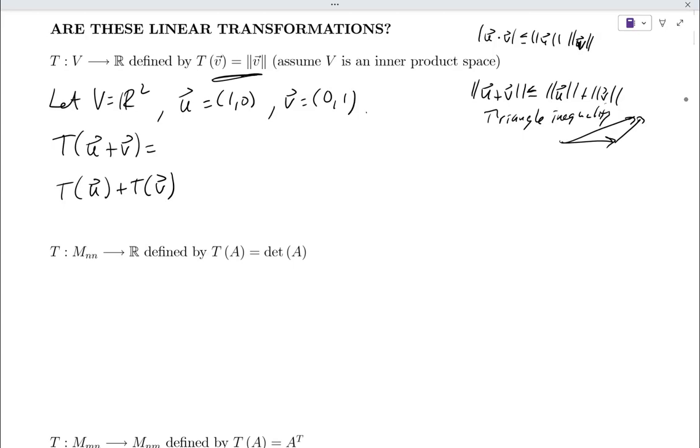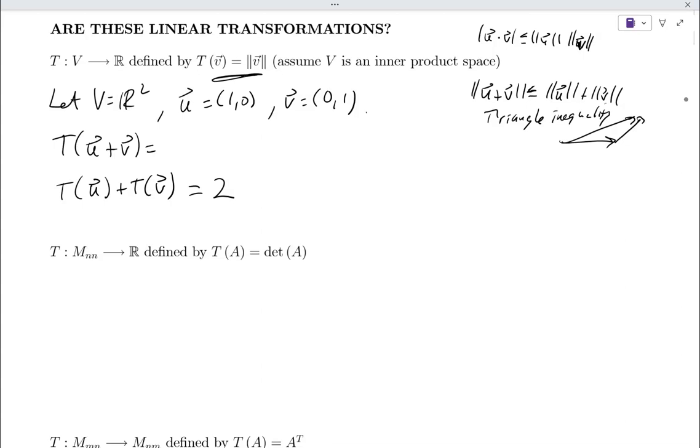Let's do the second part first. The transformation is take the magnitude of the vector. What's the magnitude of U? It's 1, and the magnitude of V is 1. So this is going to equal 2.